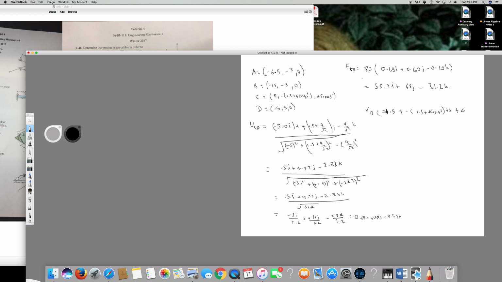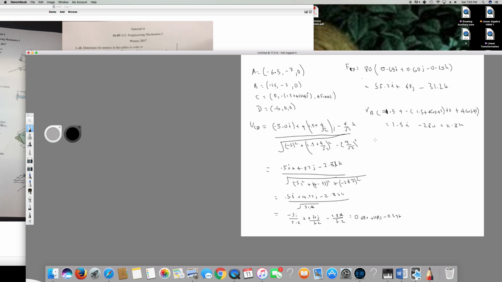So it's going to be 4 cos 45. So this is going to be my RBC, and if I calculate that, it's going to be 1.5 i, negative 2.8 j, and plus 2.8 k.